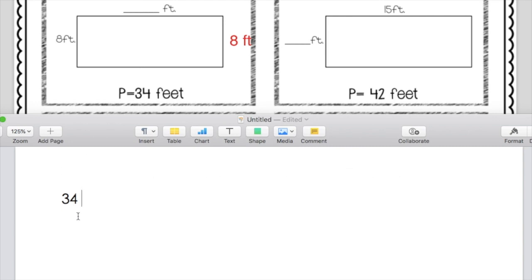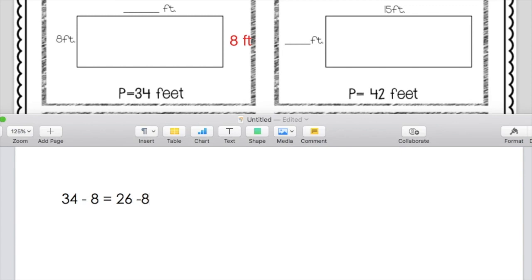can do the inverse operation, which means the opposite. So instead of adding, we'll take 34 and we will minus 8, and that gives us 26. And then we can minus another 8 because that will take away the other side.